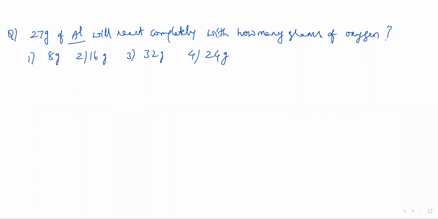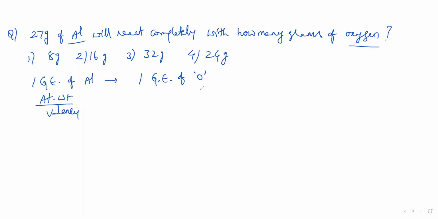Here we have aluminum and oxygen. They have different valencies. When they have different valencies, always 1 gram equivalent of aluminum will react with 1 gram equivalent of oxygen. What is the equivalent weight of aluminum? Formula: atomic weight by valency. Here also oxygen, we already did it in this session.